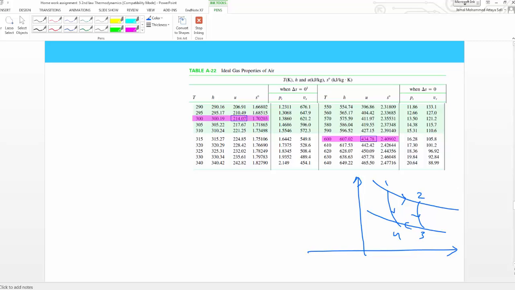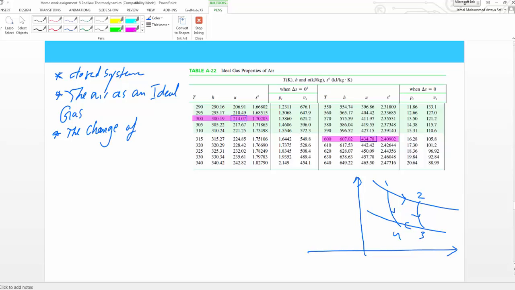Now, of course, the assumptions that we have are that it's a closed system, we also assume the air is an ideal gas, and we also assume that the change of volume is the only form of work.